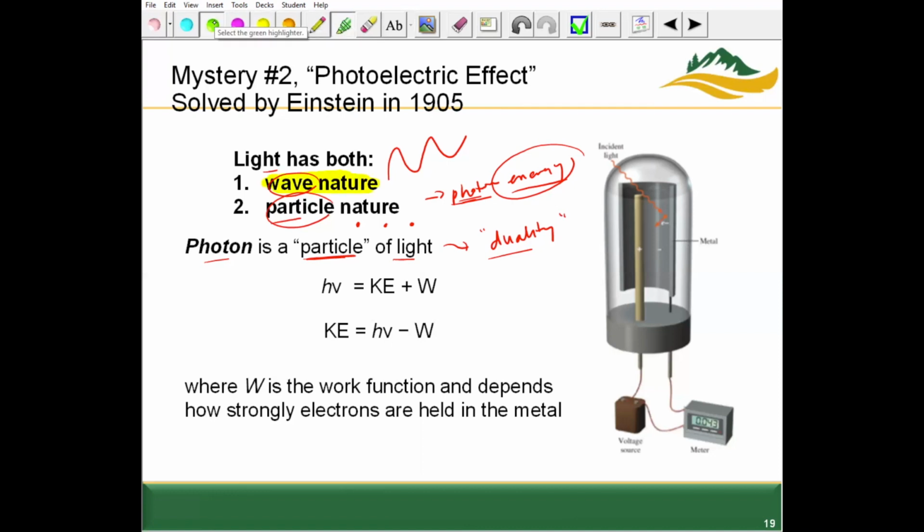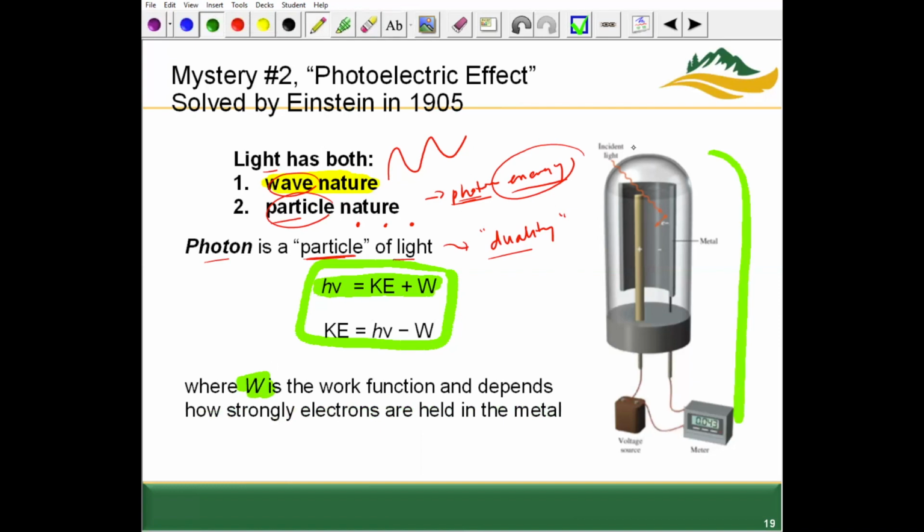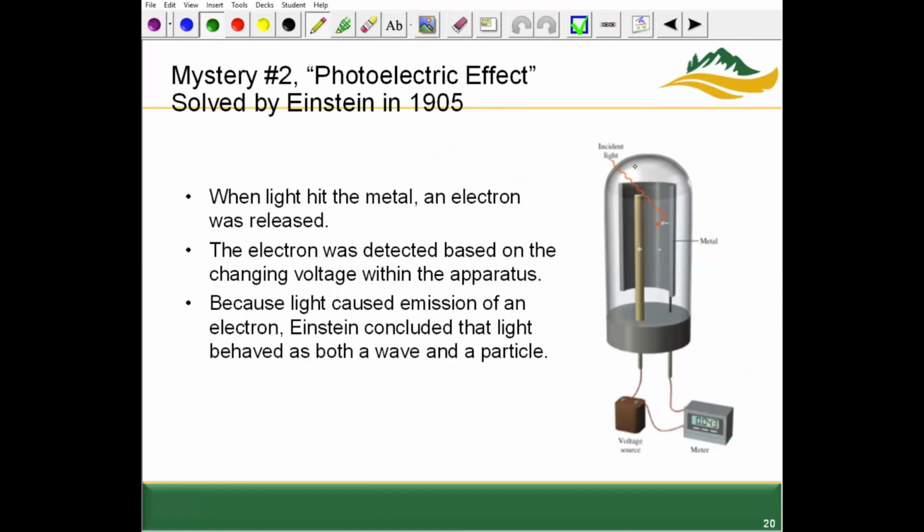There are some additional equations we'll practice with here. So Planck's constant times the frequency is equal to kinetic energy plus work. This work variable relates to this image here. Here we have some incident light at some wavelength hitting a piece of metal.